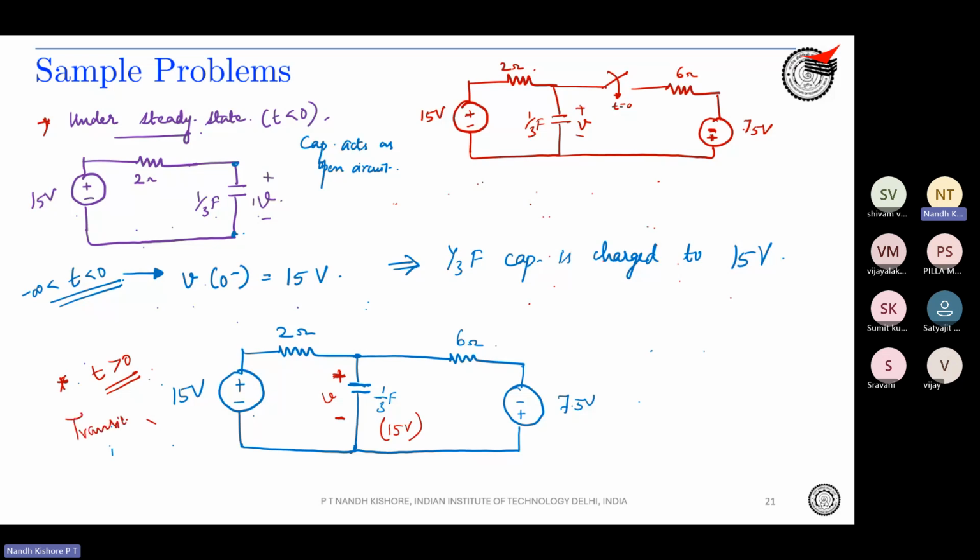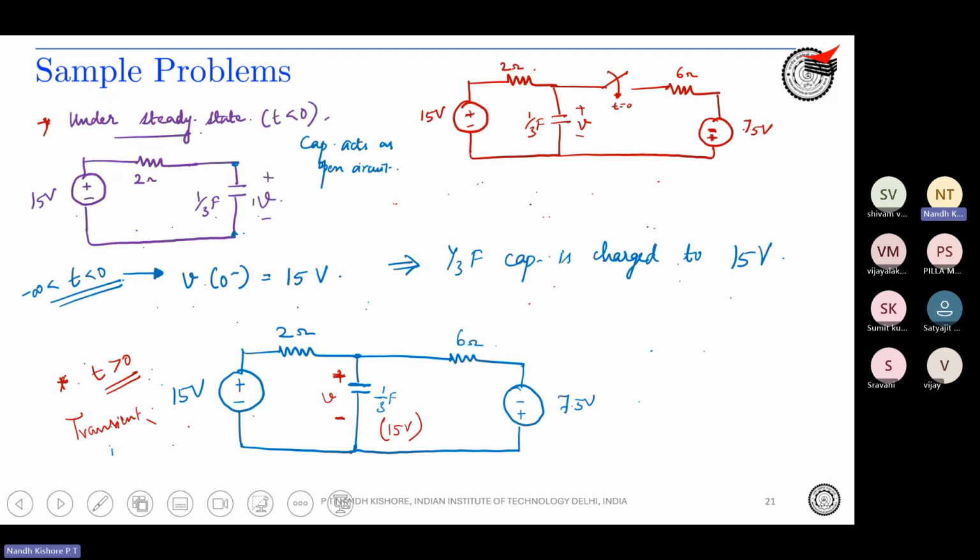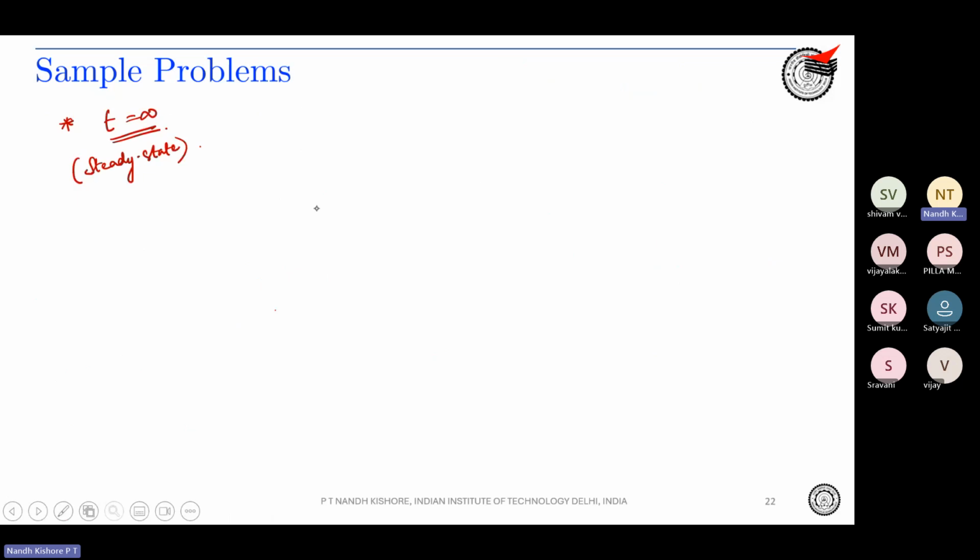This is not steady state. Then after the transient settles down, at t equal to infinity, again steady state. Again in steady state, the capacitor acts as an open circuit, right?